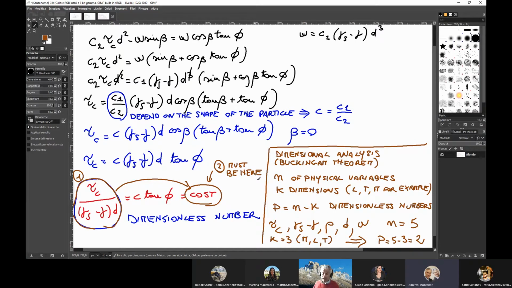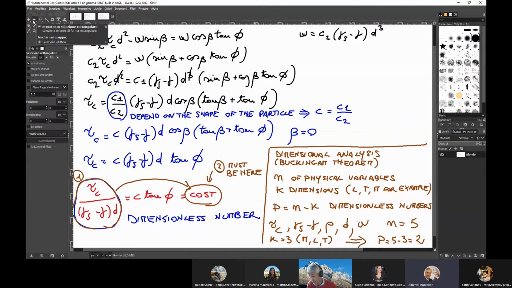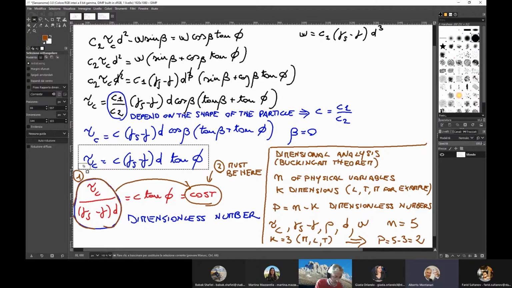Now, we don't make the dimensional analysis, but I want to go to the conclusion. So let me just delete something here to gain some space. Be patient.